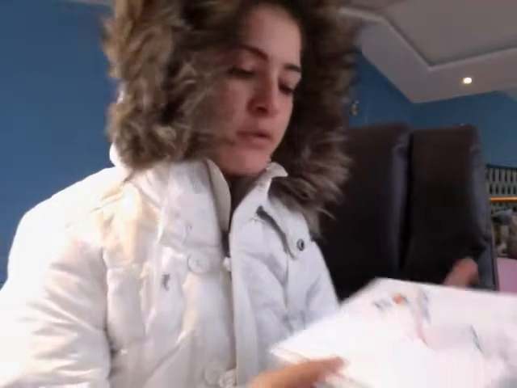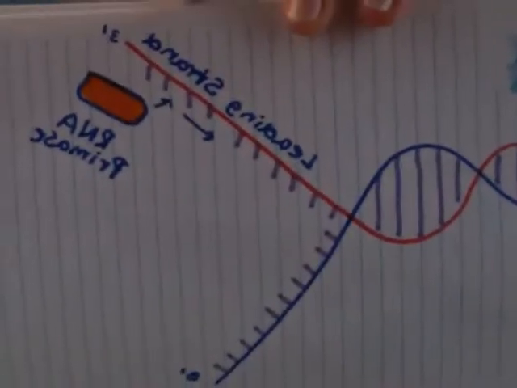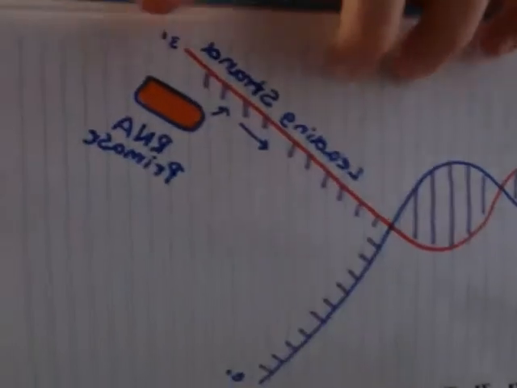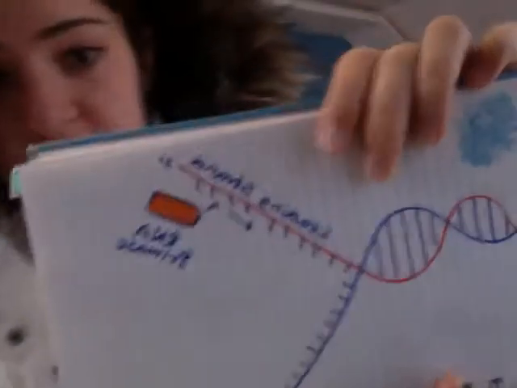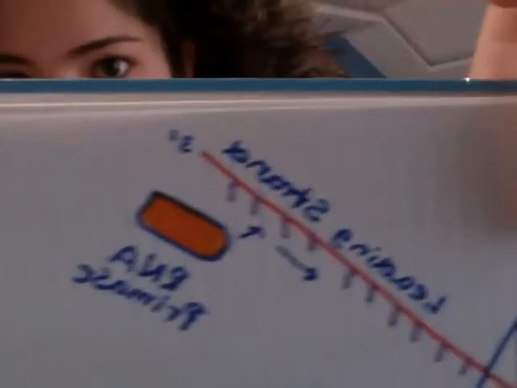And if you don't know what bases are, you're screwed. Yes. So the DNA primase comes in and it moves in the 3' to 5' direction. This is on the leading strand. We are looking at the leading strand. Do not think this is the lagging strand. Leading strand.